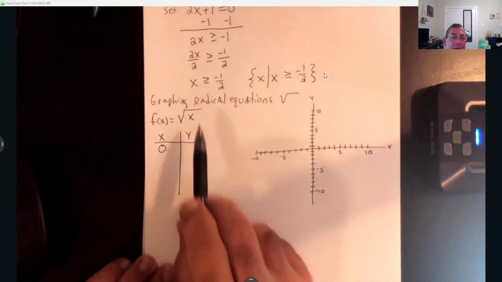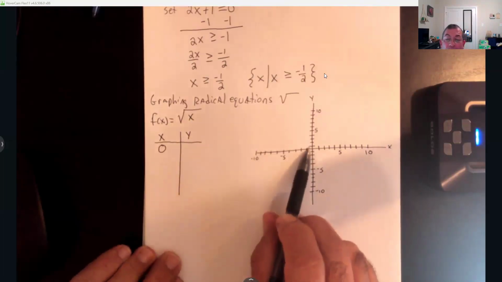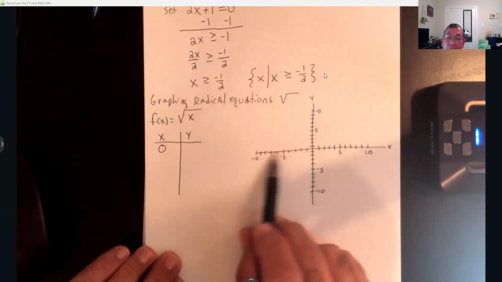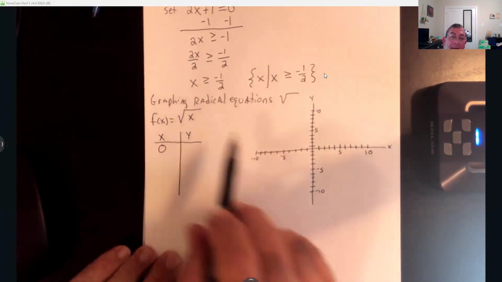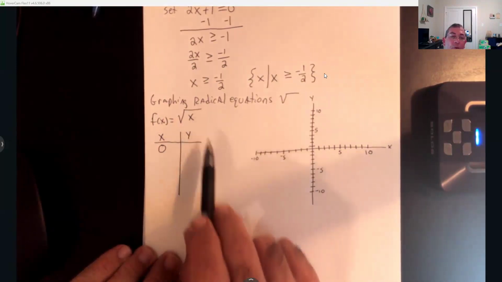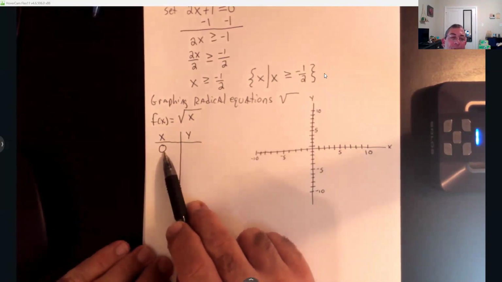Which means, because remember, negative numbers make this imaginary, okay? Not real. So I can't use no negative x's. So that means the graph won't be on this side at all unless I throw a negative in the front of that. Well, that ain't even going to do it, right? I can't have no negative x's under that radical or it makes it not real. So the smallest x I can put in is 0.